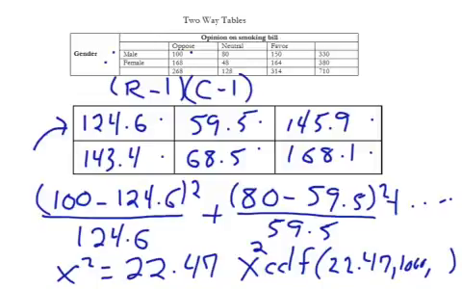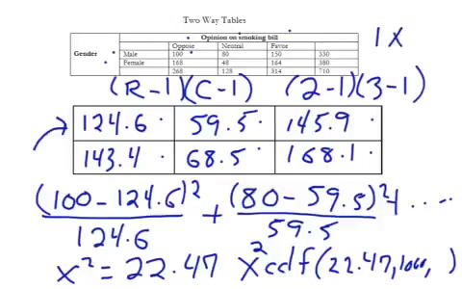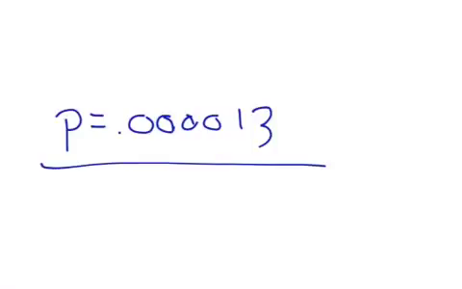So we have 2 rows minus 1, and we have 3 columns minus 1. So we get 1 times 2, so our degrees of freedom is 2. And when we punch this in on our calculator, we get a p-value of 0.00013. And those are the basics of two-way tables.